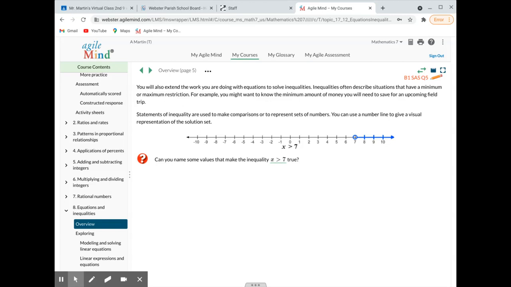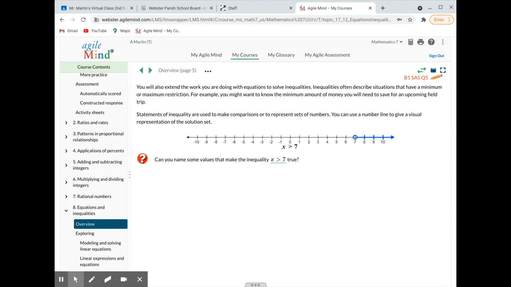All right, so looking at this, it says, can you name some values that make the inequality x is greater than 7 true? So what could x be if it has to be greater than 7 to be true? What's another one? 9. Could we use any fractions? 8 halves.